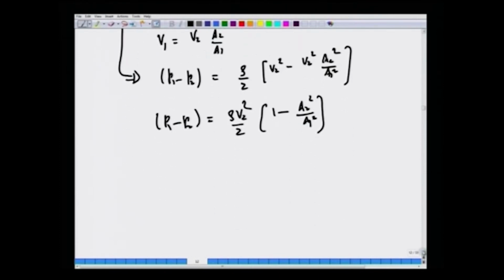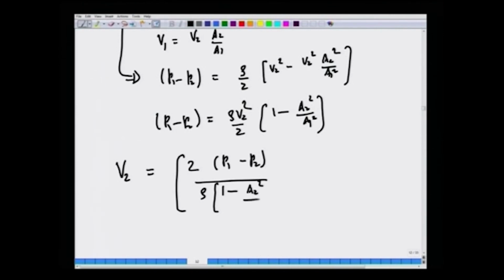So, according to the Bernoulli equation, you can find the velocity V2 in terms of the pressure drop. If you measure the pressure between points 1 and 2, and if you know the areas A1 and A2, then we can find the average velocity at point 2. Okay.